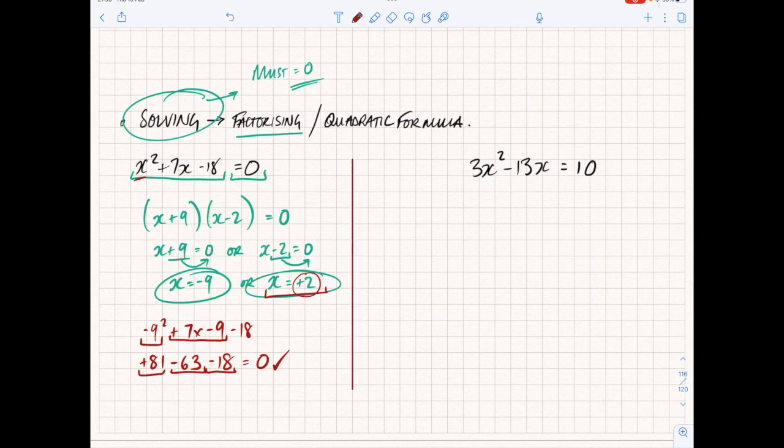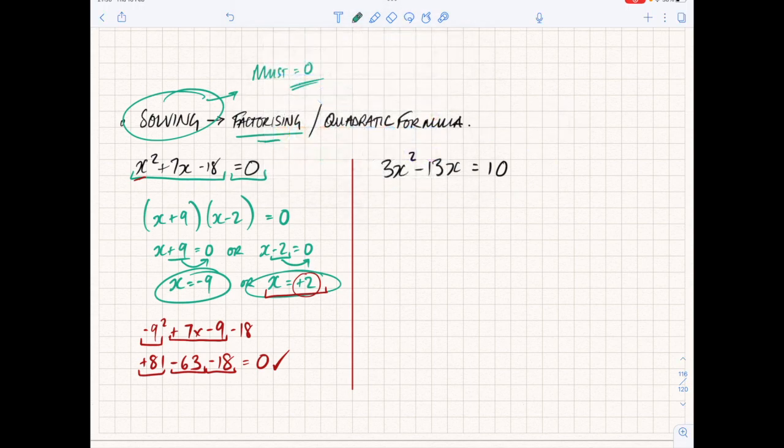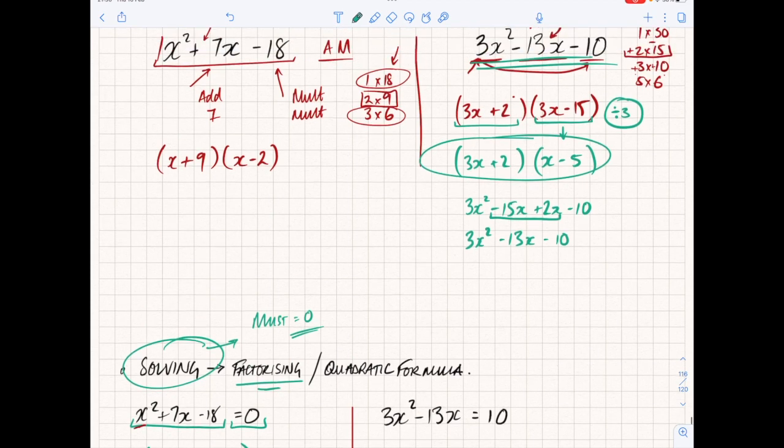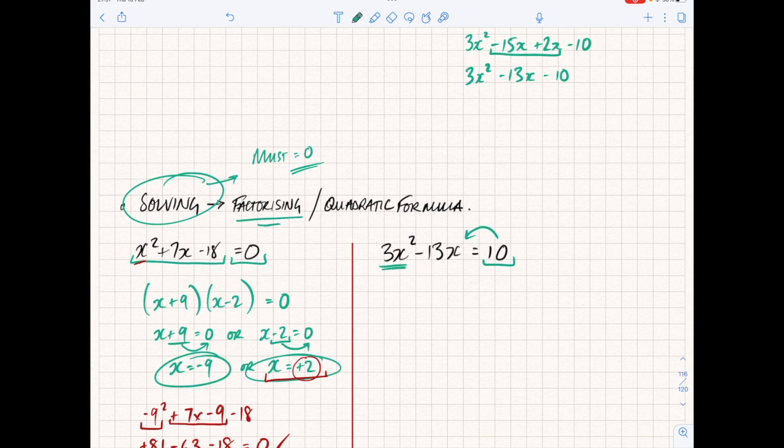Now, if we look at this second example here, what we're actually doing is the same process again. So factorising first. We know that it factorised to this, but the difference at the moment is this doesn't equal 0. So if it doesn't equal 0, what you have to do is take the end value over that way. You always want this x squared to be positive, so I'm not going to move that. That at the moment is a positive 10 because there's no sign in front of it.